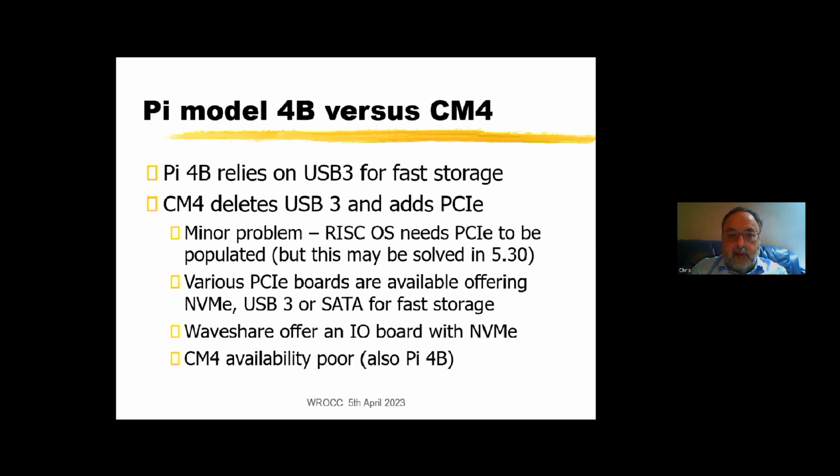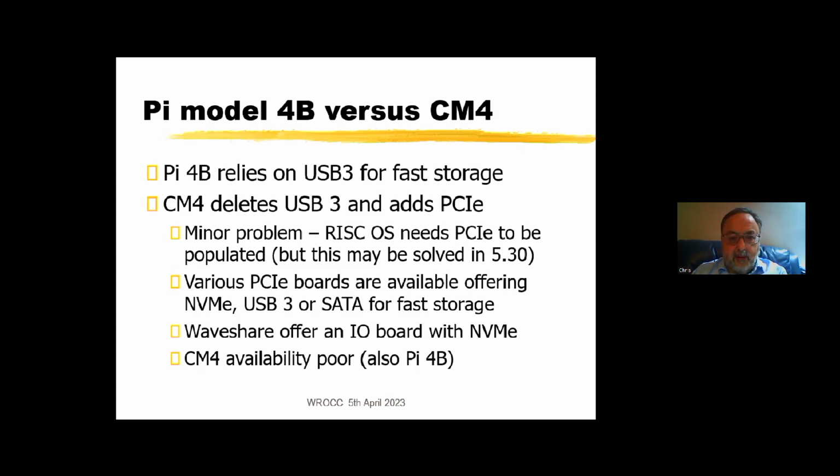So let's look at the Pi Model 4 against the Compute Module 4. Because notionally they're the same machine, but in very different forms. The Pi 4B has got all of its interfaces on the circuit board, and it's chosen USB 3 for the fast bit of what it can do, which doesn't benefit RISC OS very much.